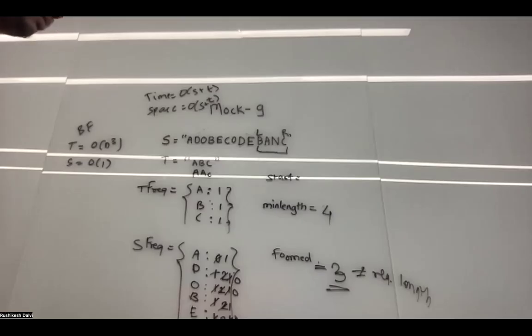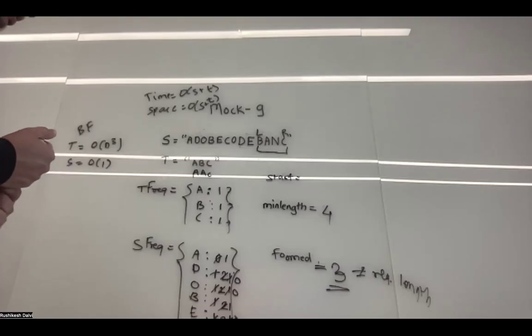Yes. You didn't explain about checking whether the character is present in the T frequency map or not. You can increase formed only if it is present in the T frequency. For D, O, all those characters, you don't want to increase formed.